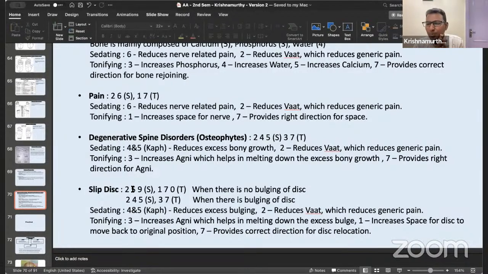It may help. I have taken this protocol from the book, and in the book it is given like this, but there is no explanation given. I am giving my explanation for the protocol, so that when you read the book, you will be able to grasp more. So this is how you create the protocol for the spine.